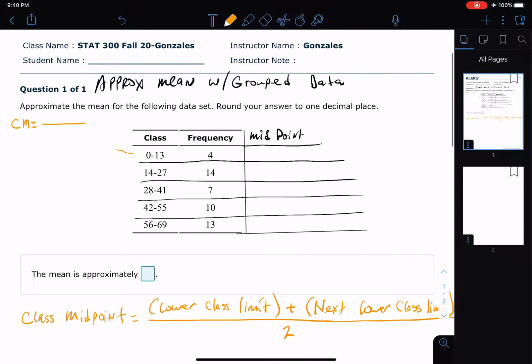So let's do that right now. You take the lower class limit, which is 0, and add that to the next class limit, which is 14, and you divide by 2. 14 divided by 2 is 7, so this midpoint is 7.